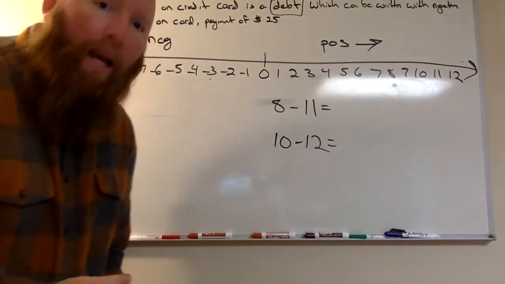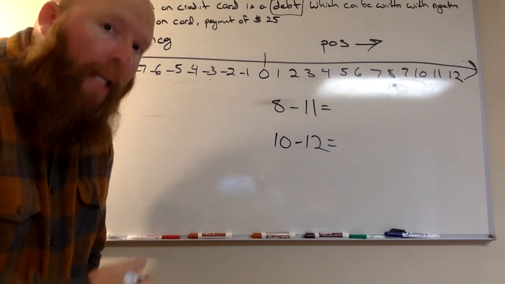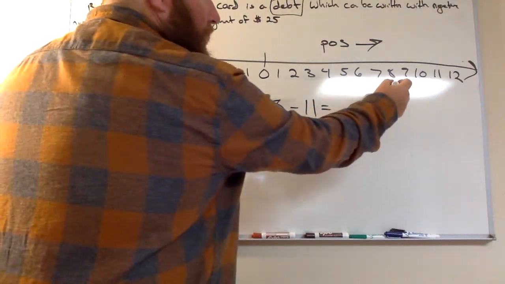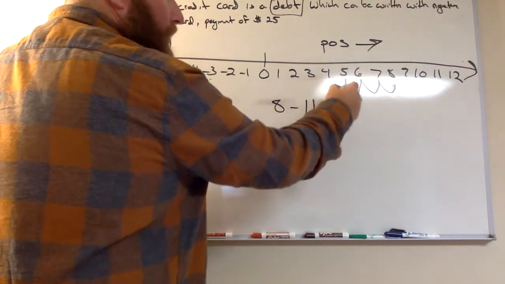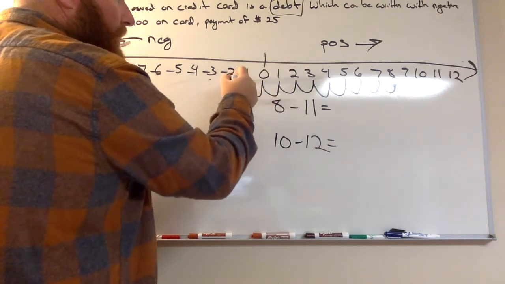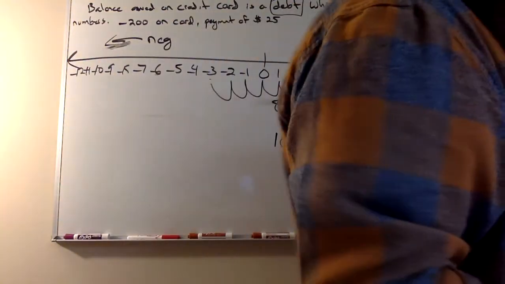So if I'm taking away 11, subtract, take away, negative, which way? Left, left, left. So I'm going to the left how many times? 11. 1, 2, 3, 4, 5, 6, 7, 8, 9, 10, 11. Right? So it gives me what? Okay? A negative 3. Perfect.